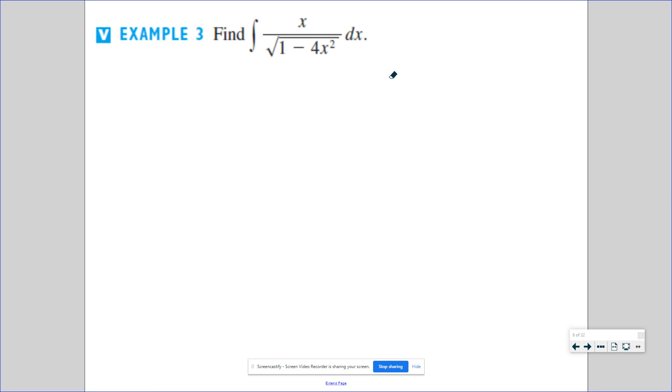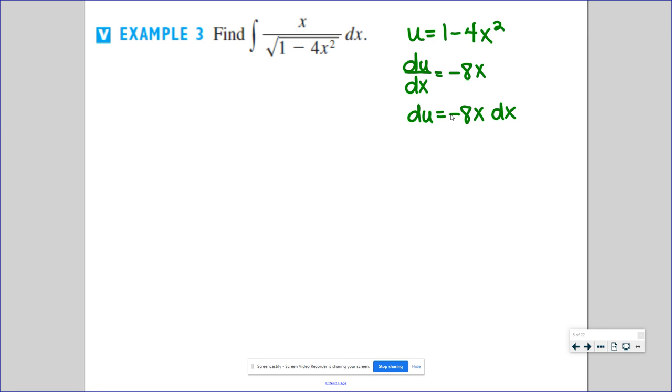Okay, let's try another one with a radical, but this time we're going to have a little bit more to deal with. So we're going to make u 1 minus 4x squared. And then the derivative is going to be negative 8x. And then let's go ahead and multiply the dx over to the other side.